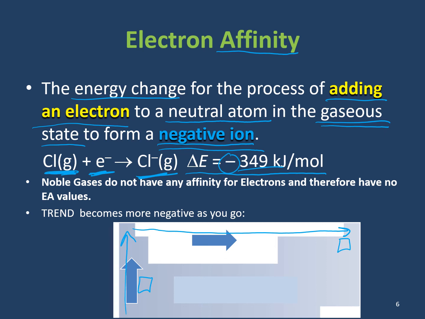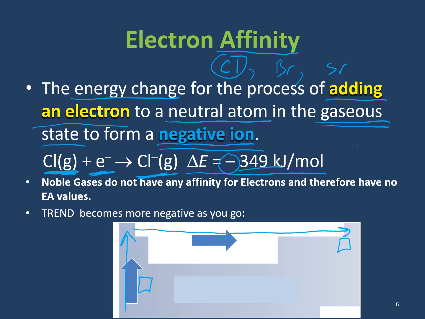For the most part, the questions you might see are like, put the following in order of increasing negative electron affinity. So if we have Cl, Br, Sr, which one has the largest negative electron affinity? Well, it'd be Cl, because it's the highest up and to the right on the periodic table of these three elements.